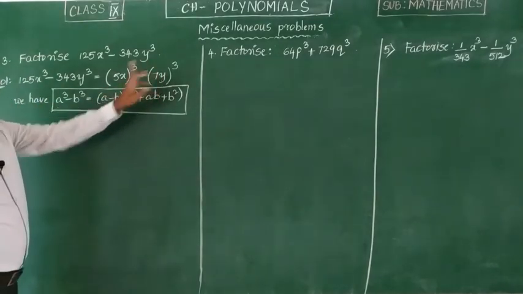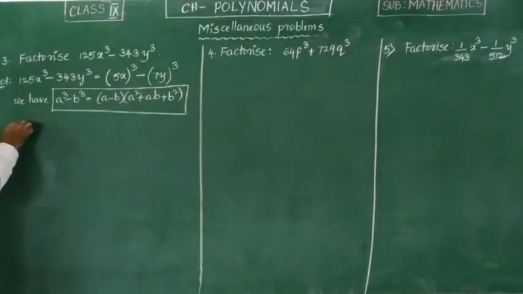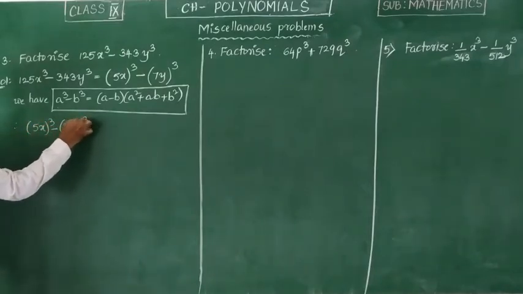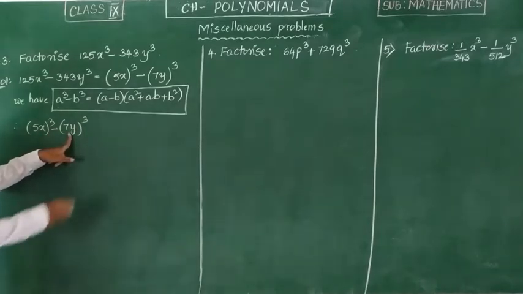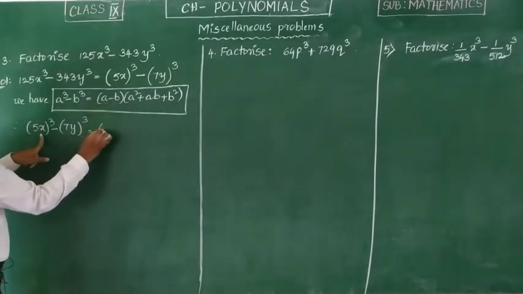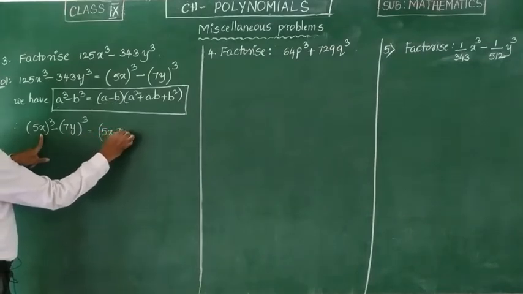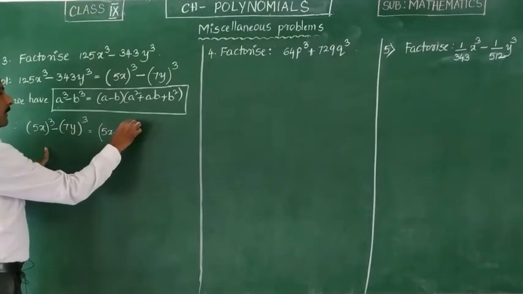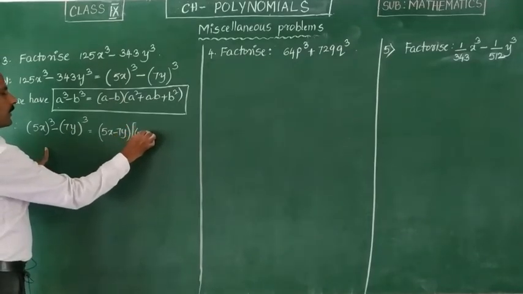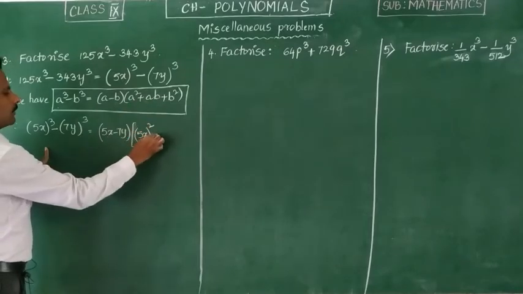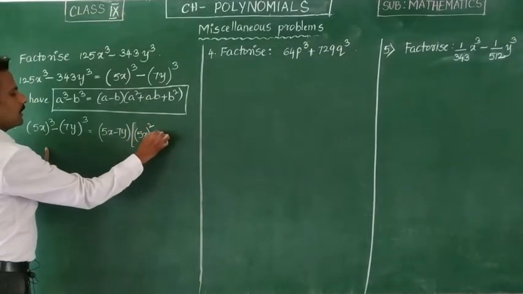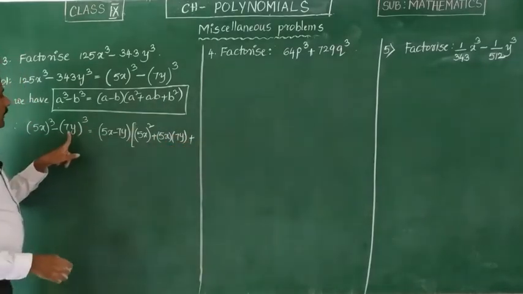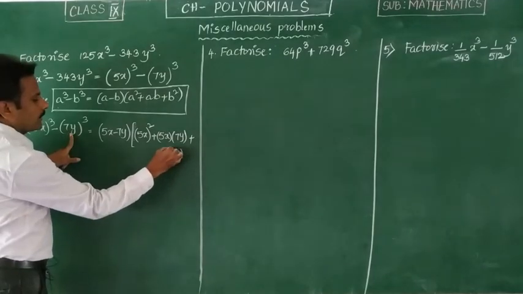So now 5x cube minus 7y cube. What is the a here? 5x. What is the b here? 7y. So a minus b means 5x minus 7y, multiplied by a square, that is 5x whole square, plus ab, 5x multiplied by 7y, plus b square, and b is nothing but 7y whole square.